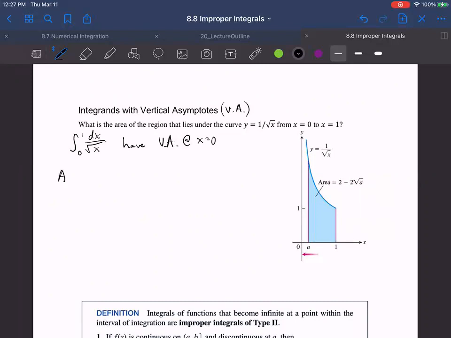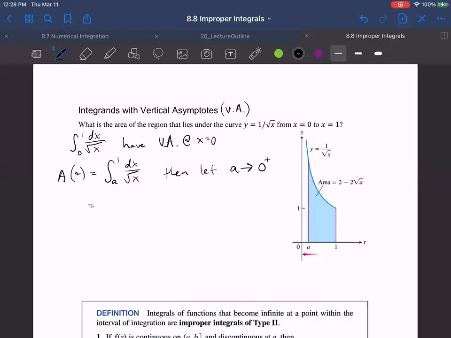So come down here, and we'll do an integral of a to 1 dx over the square root of x, and then we're going to let a go to 0 from the positive side, 0 plus. Remember the left and right limits.